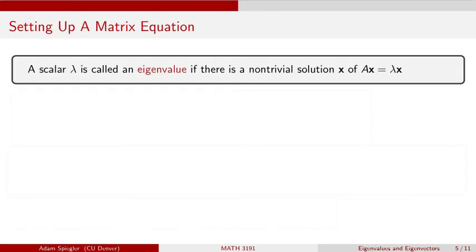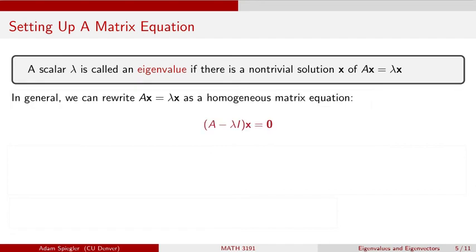Okay, so to wrap up this video, let's generalize the process that we just observed with the previous example. By definition, a scalar lambda is an eigenvalue of matrix A if there is a non-trivial solution x to the equation Ax equals lambda x. And what we saw in the previous example is that this condition from the definition is equivalent to something else.